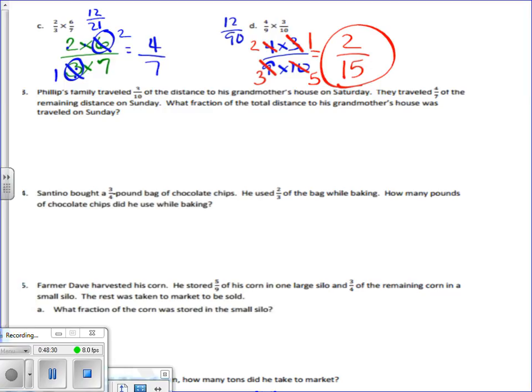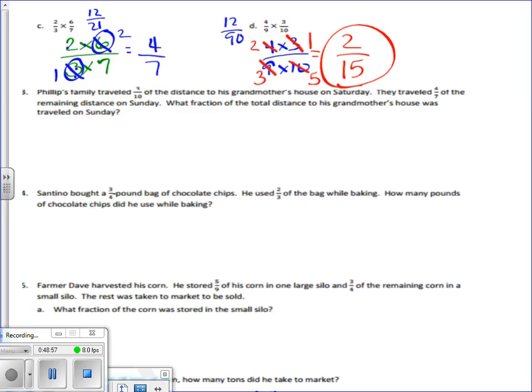Philip's family traveled 3/10 of the distance to his grandmother's house on Saturday. They traveled 4/7 of the remaining distance on Sunday. What fraction of the total distance to his grandmother's house was traveled on Sunday?